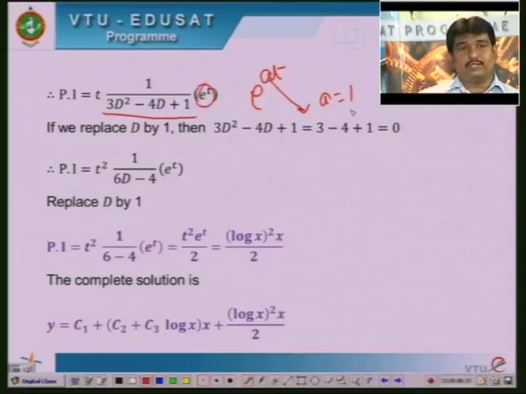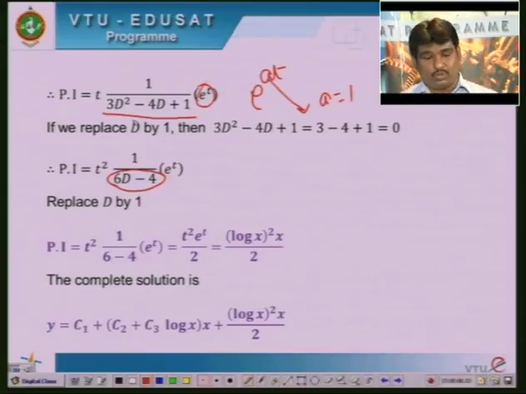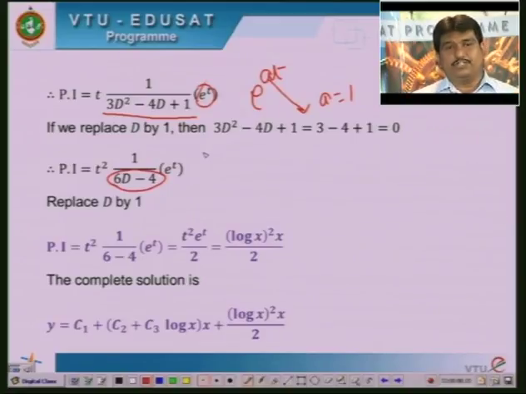So the rule is t square into 1 by f double dash of D. This is the derivative of the denominator. The derivative of 3D square minus 4D plus 1 is 6D minus 4 operated on e to the power of t. Now you can replace D by 1 here. It is t square into 1 divided by 6 minus 4 e to the power of t. That equals t square e to the power of t divided by 2.